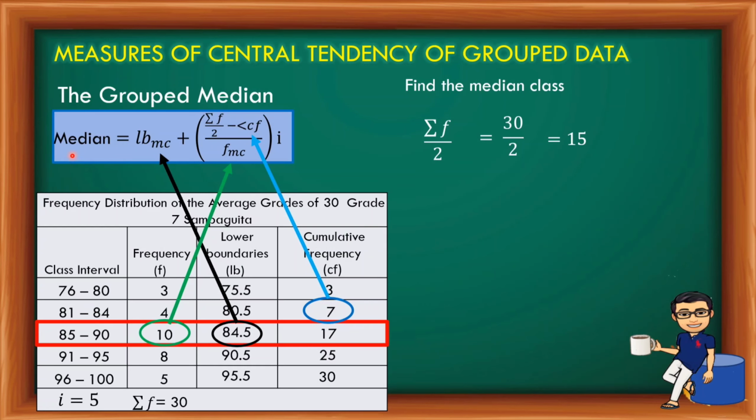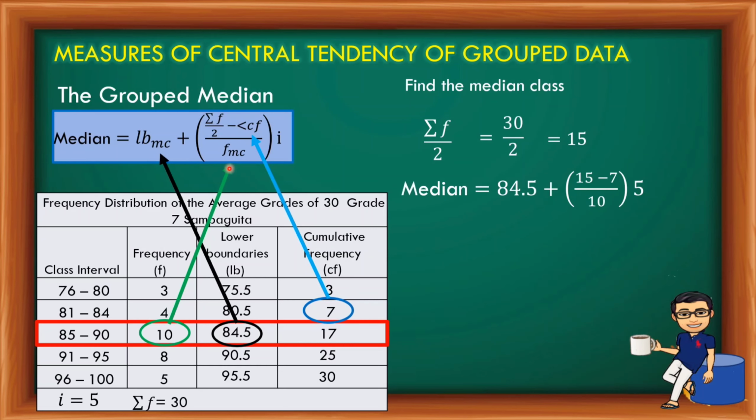So gamit ngayon ang formula, pwede na nating i-substitute. So ang ating lower boundary of the median class is 84.5, pinalit natin. So ang summation of f over 2 natin ay 15. So minus less than cumulative frequency, ito yung 7.